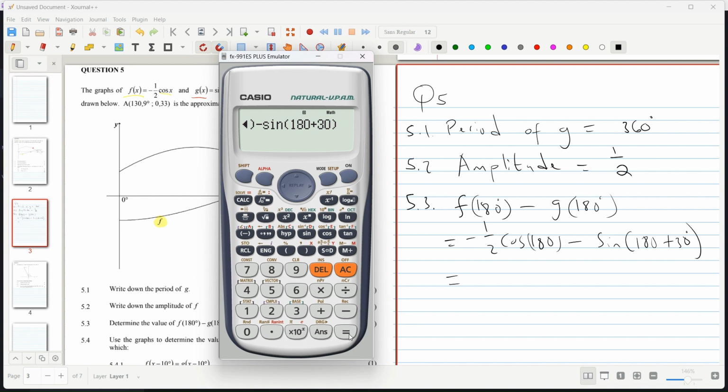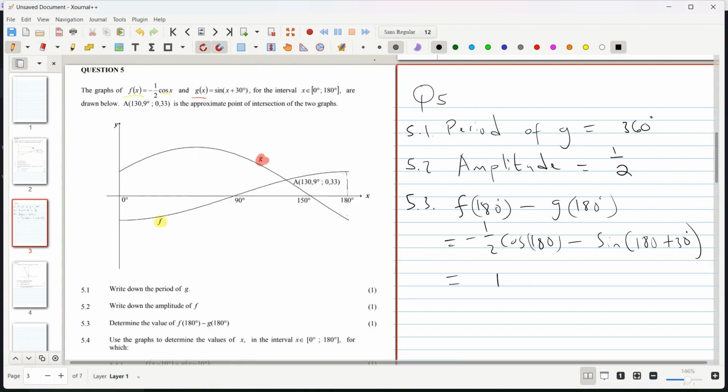Okay, and then we find our answer. Our answer is 1. So 1 is our answer.